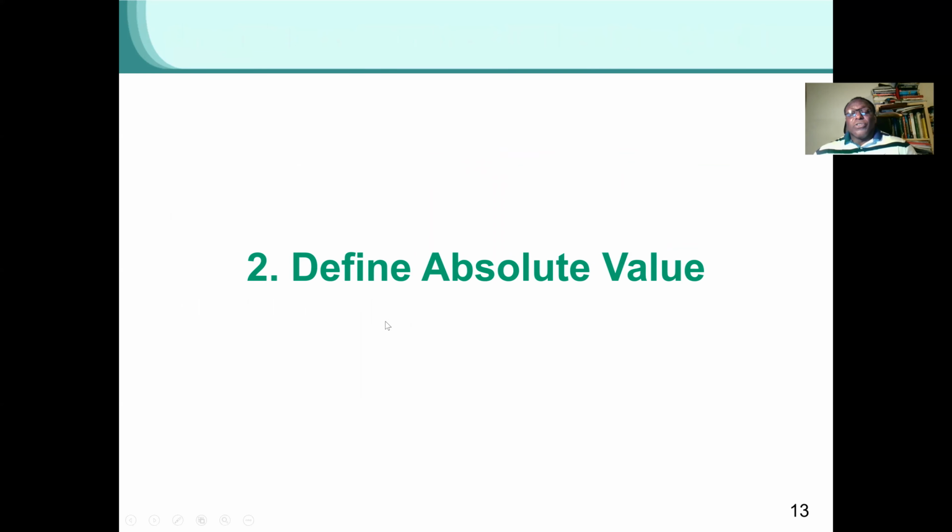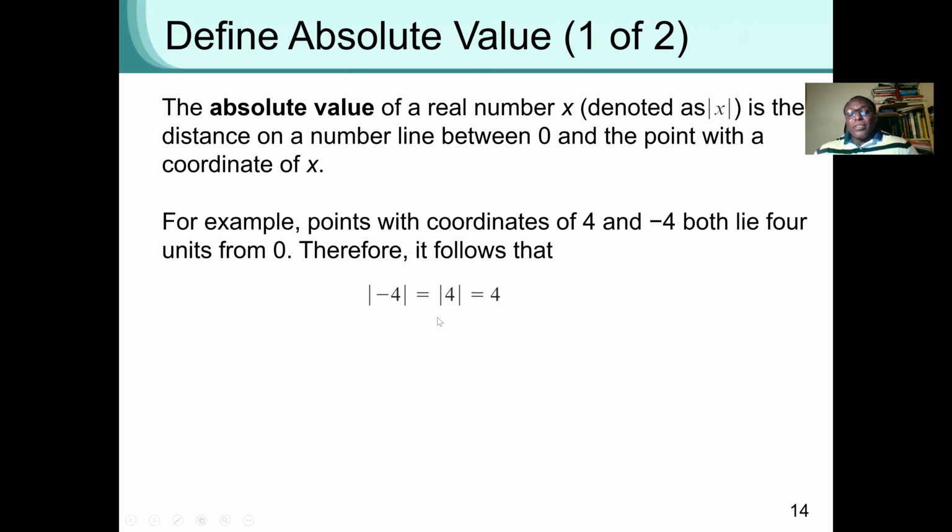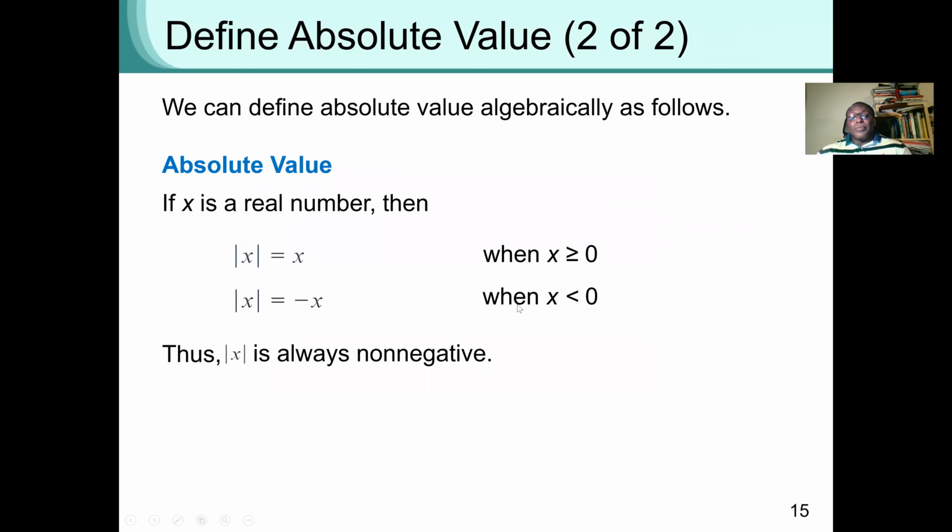So next we go to defining absolute value. We know absolute value means our answer is always positive. So if I have negative 4, the absolute value has to be written in a vertical line. So the absolute value of negative 4 will give me 4.